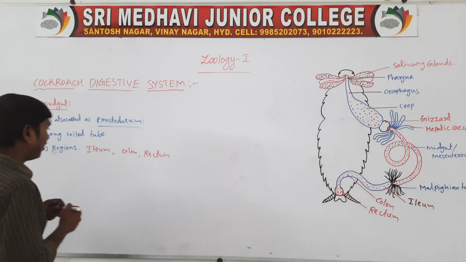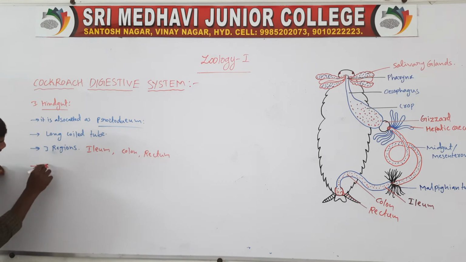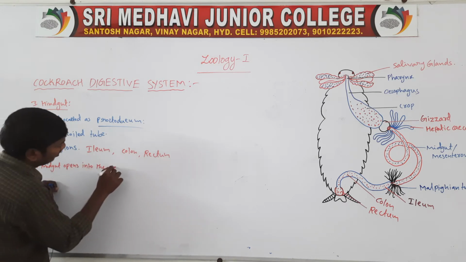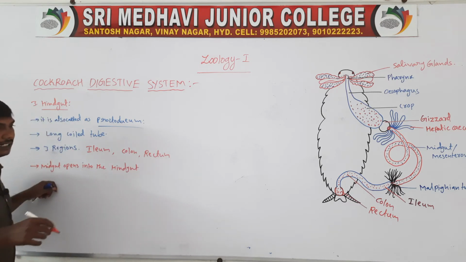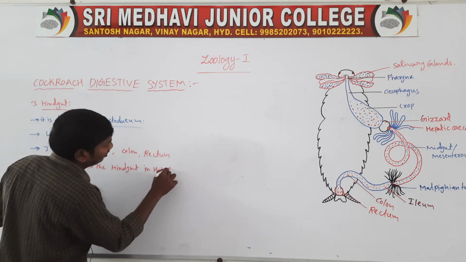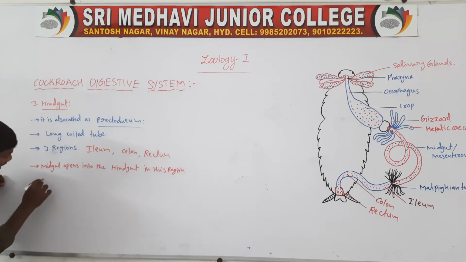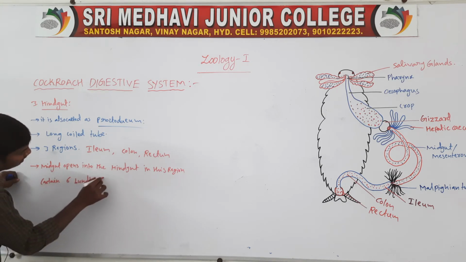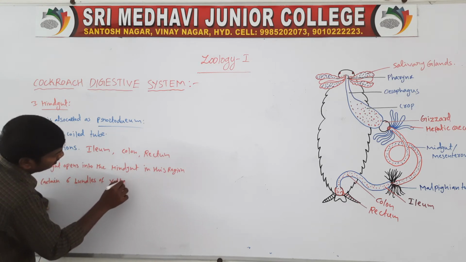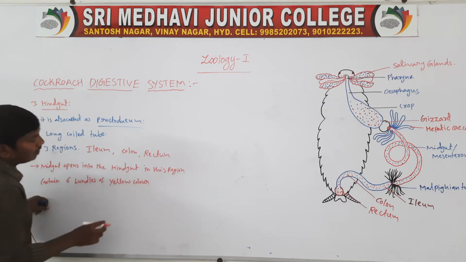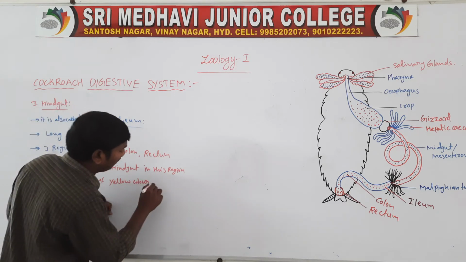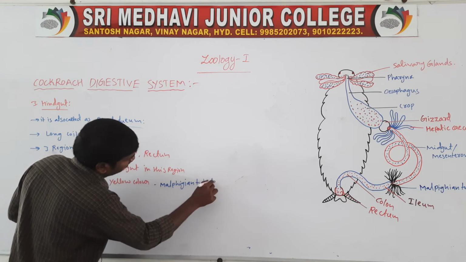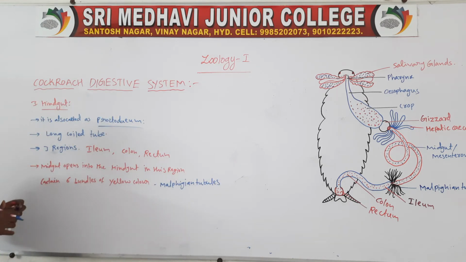In this region, there are 6 bundles of yellow colored tubules, called the Malpighian tubules.